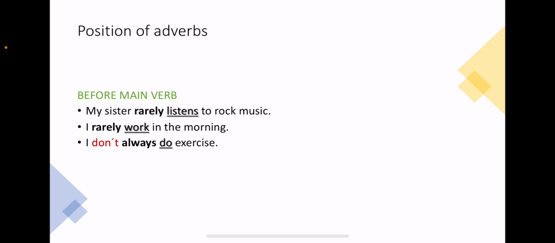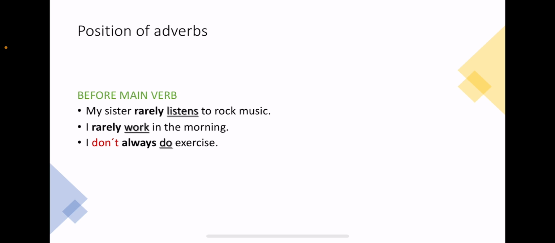I think that you have studied this before. We're just trying to remember some of the rules for the present simple. That is the reason why in the first sentence, my sister rarely listens, the verb is conjugated with an S at the end, because that is the correct conjugation.